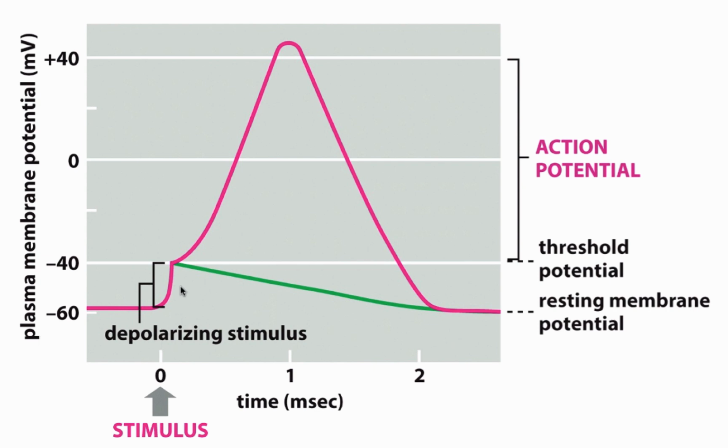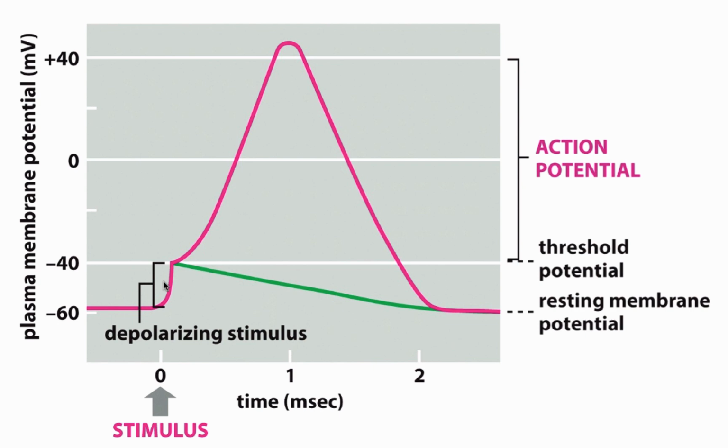So as you can appreciate from this depolarization stimulus, the membrane potential went from -60 to -40, being more positive. Now, in a membrane that doesn't have channels, the change in membrane potential will eventually reset back to the resting state, as shown here in the green line.